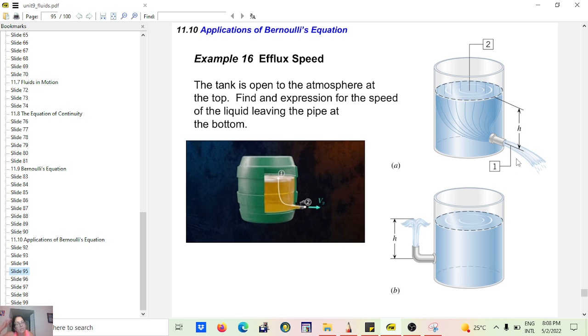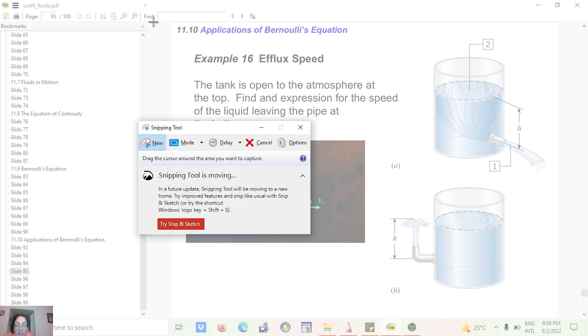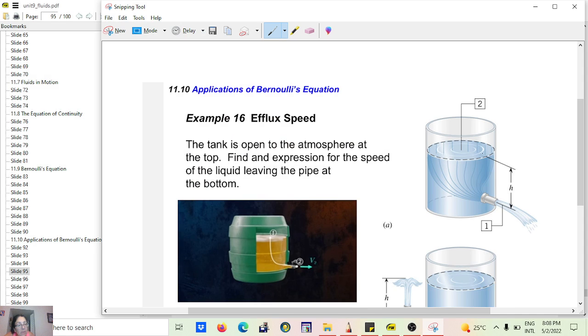Okay, I've done that, and we discussed that already before. Right, so here you have almost no kinetic energy, and then the fluid is going to move faster. That's why the streamlines are getting close to each other. Here you have an atmospheric pressure because it's open to the air, plus you have some kinetic energy, and you have no potential energy. Okay, and here you have the same pressure, no kinetic energy relative to here.